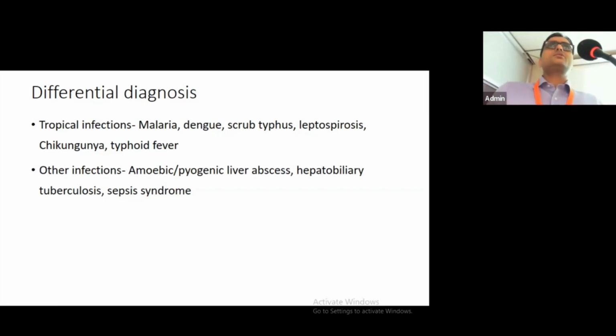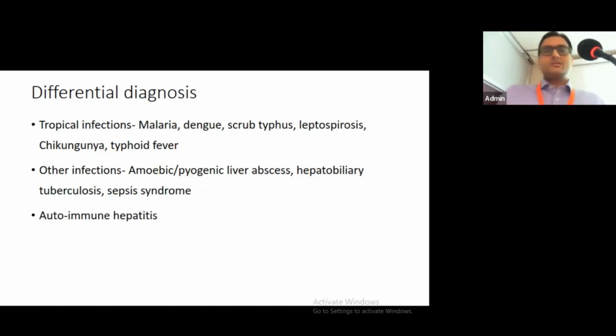So the first is tropical infection, the second is other systemic infection and local infection of the liver. The third is autoimmune hepatitis. Autoimmune hepatitis may also present with low-grade fever, prodrome, as well as jaundice. But here you will need to ask the patient whether there are other features of autoimmunity, or any family history, especially in females, like thyroid disorder, diabetes mellitus, vitiligo, or other joint disease.